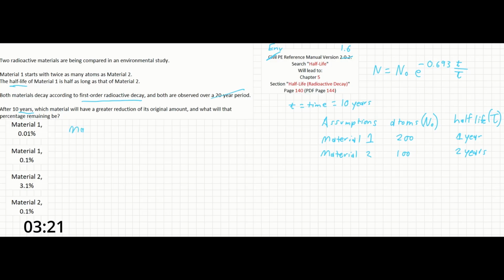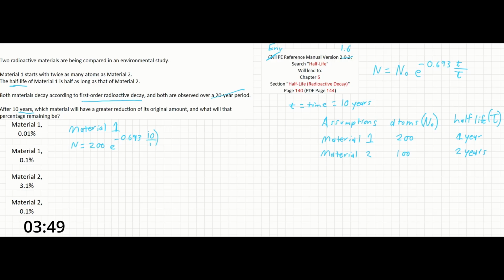So for material 1, we're going to say that N equals, our N sub 0 is going to be 200 times e to the minus 0.693 times t, again, is 10 years, and our half-life is going to be 1 year.